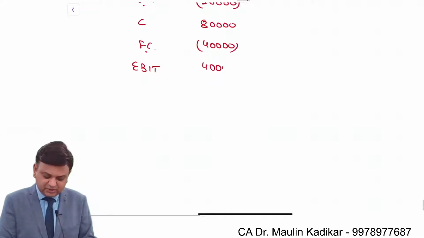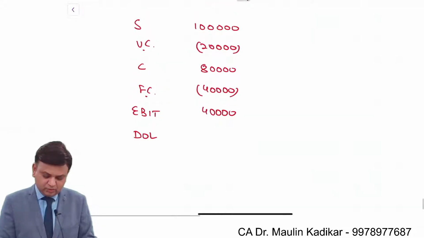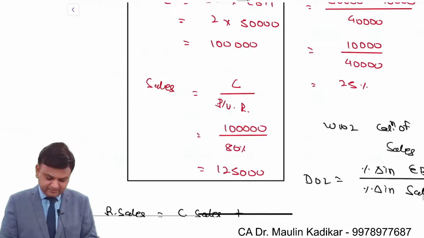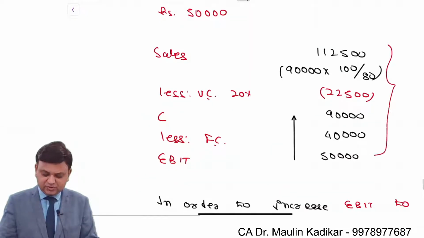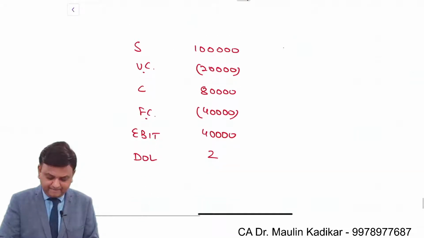And this is again 40,000. DOL is 2, 80 upon 40, this is what we have already done. Now I am writing these values. Sales is 1,12,500.